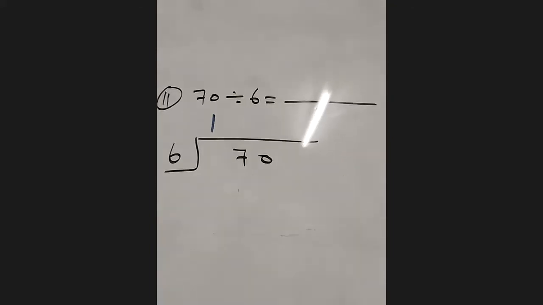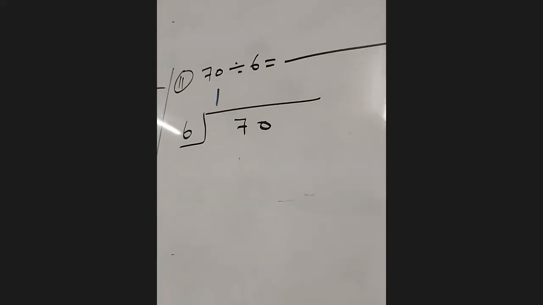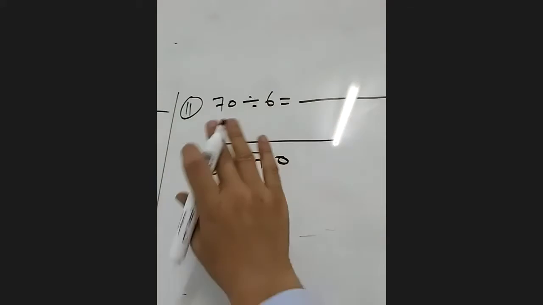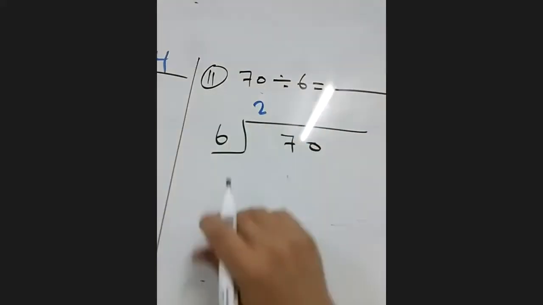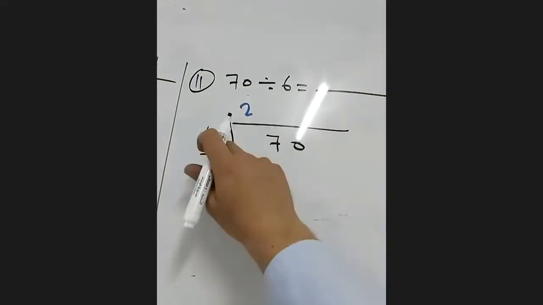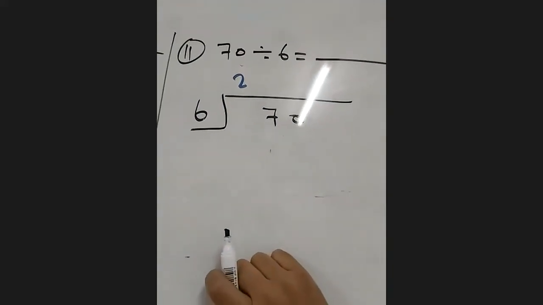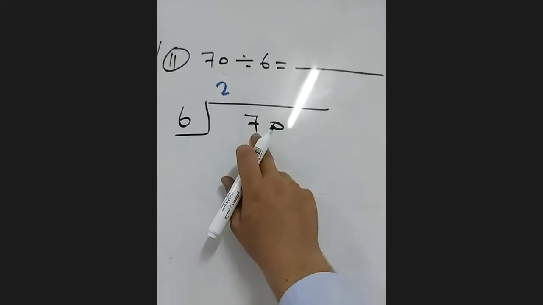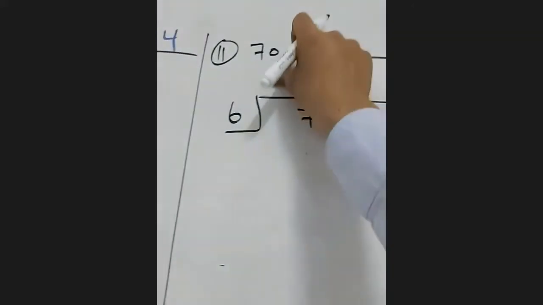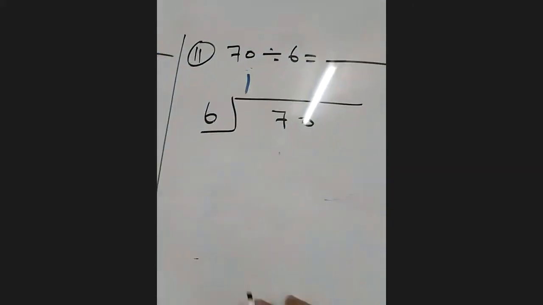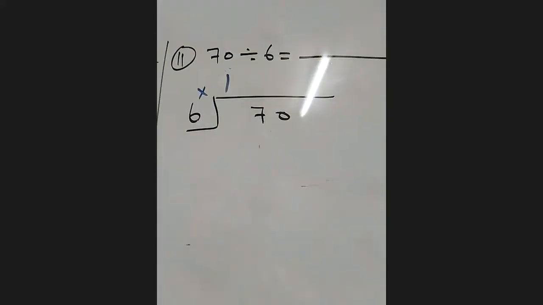Okay, just this time, why didn't we put 2? If we put 2, ya Faisal, 2 by 6, how much? 12. 12 is bigger than 7, right? So I need to choose 1 as you said. Correct.